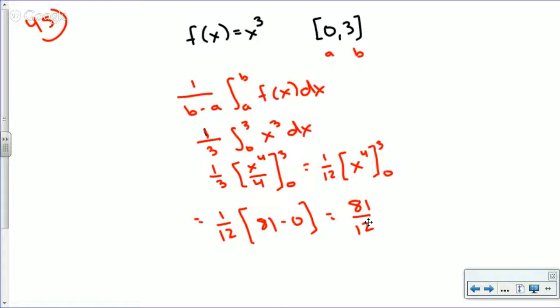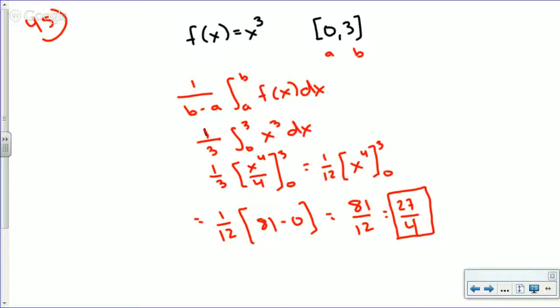Both of those are divisible by 3, so 27 over 4 is my reduced answer. And again, I want you to stop there. You don't need to find the x's for which this is true.